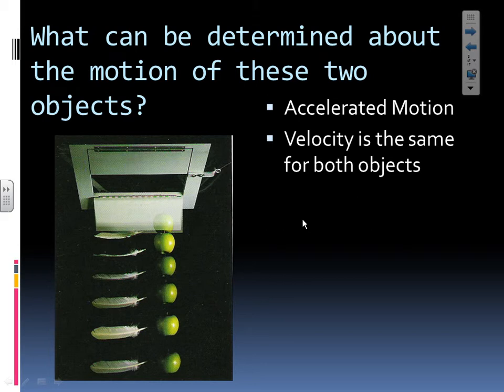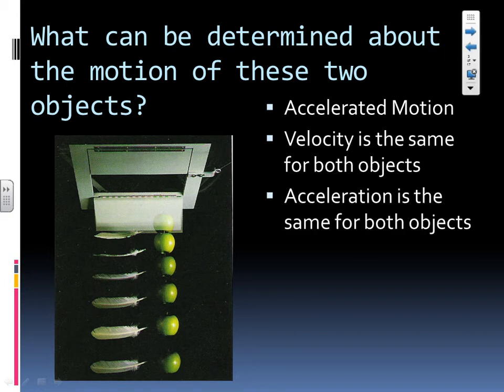How do I know that? Because they're even, they keep staying right next to each other. Now, that velocity is changing, but they still maintain the same velocity because they're right next to each other. And then the last thing, while they are accelerated, we could say that the acceleration of these objects is the same.